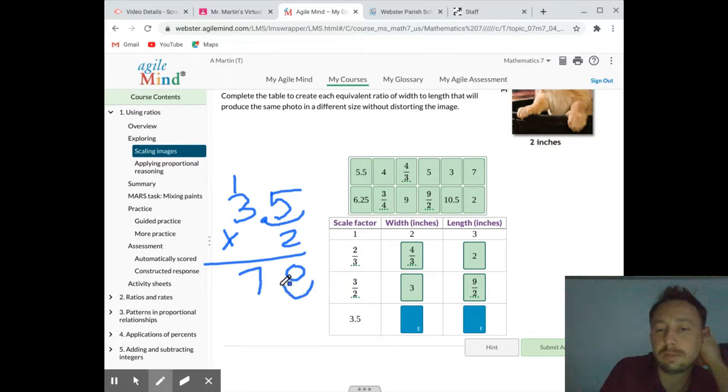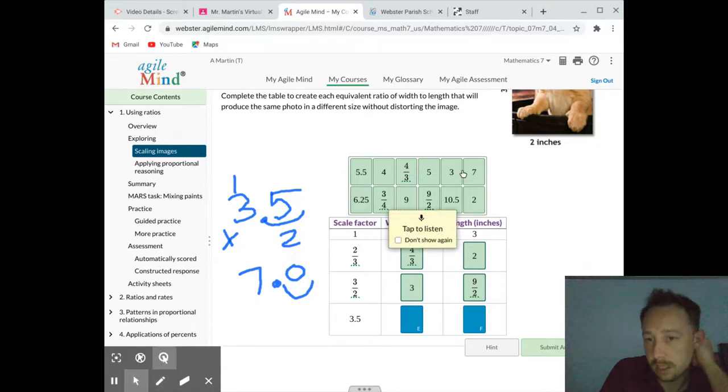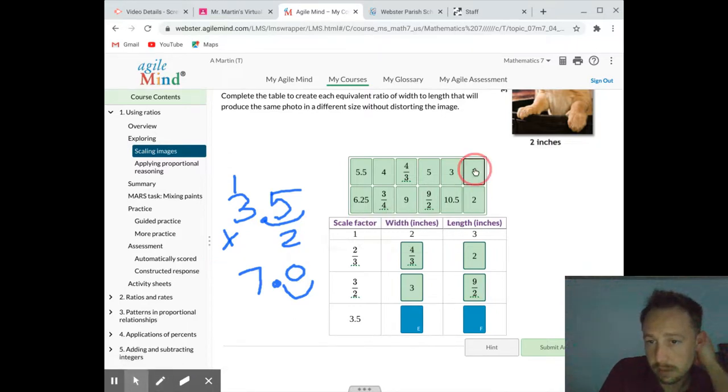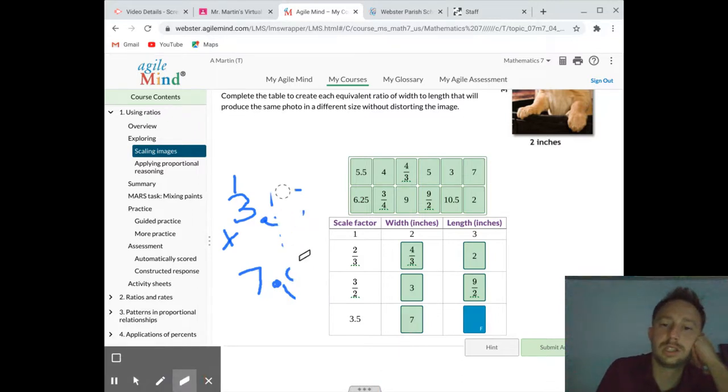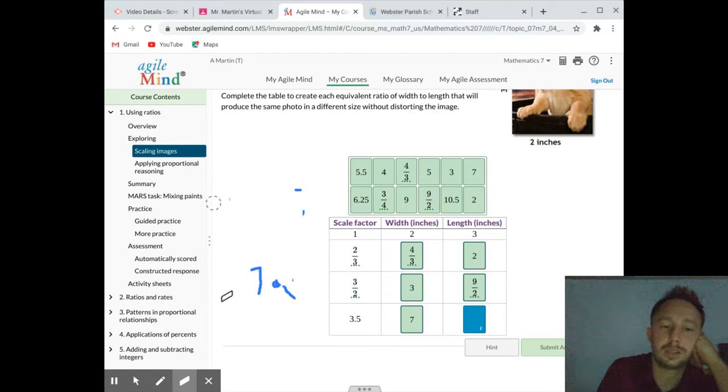So we have to move 1 decimal place. And so our answer is 7, just like we were told by Angel. So we're going to take 7 and put it here. Then we're going to see if we can get some help from Miss Brooklyn.